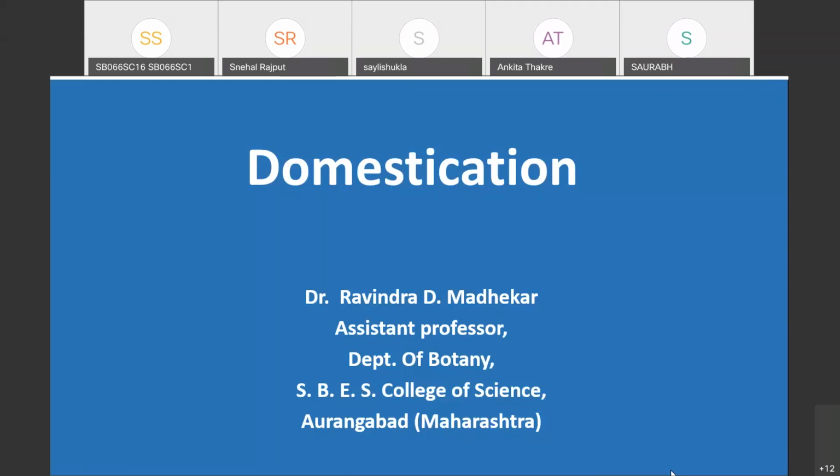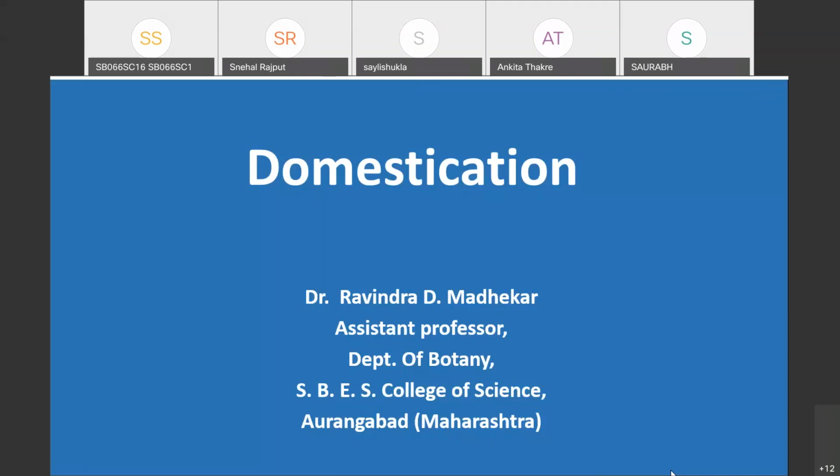The second method is selection. The third is hybridization. And the last and most advanced method of plant breeding is mutation breeding.